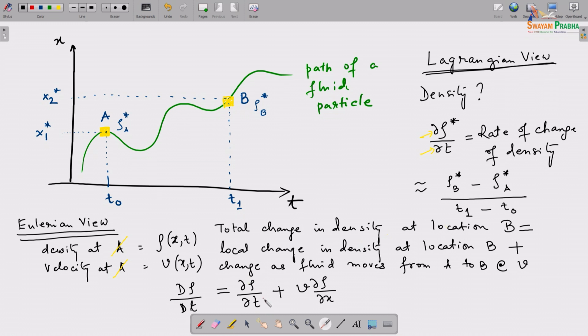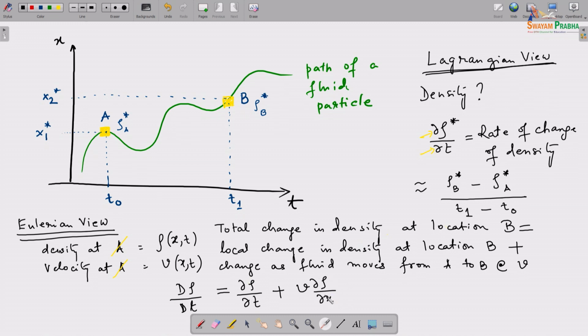I could take an easier term to describe that. Okay, no problem, we can do that here also. Fine. So what is the dimension of this? What I am trying to get at is that the dimension of the two terms should match, otherwise I am putting these two terms together. So in the sense that you understand this, right, local change in density at location B. So what am I saying physically, what does this term mean?